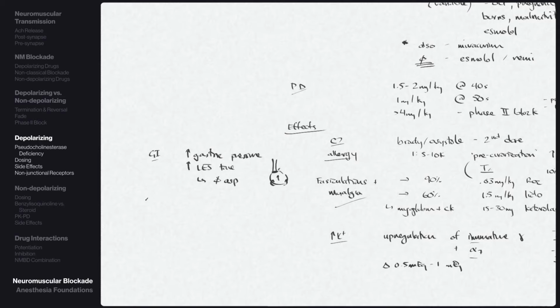Now as well, succinylcholine can affect eyes, and so this can potentially increase intraocular pressure, and this is due to what we mentioned before about these ocular muscles not having the same ability for accommodation, which means they maintain a significant contraction that leads to a 3 to 7 millimeter of mercury increase in their globe.